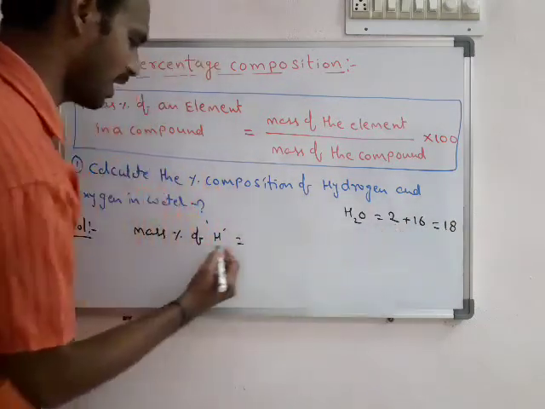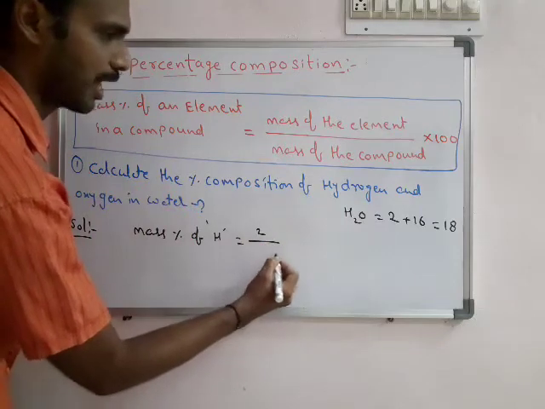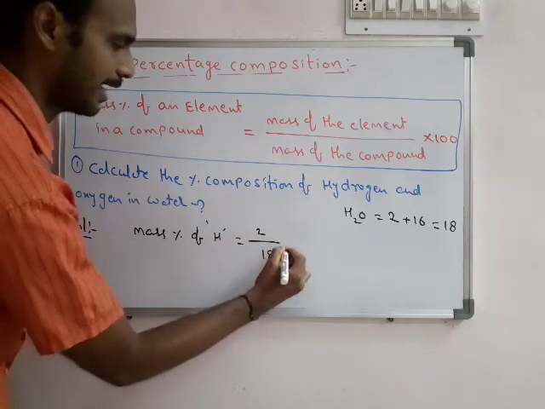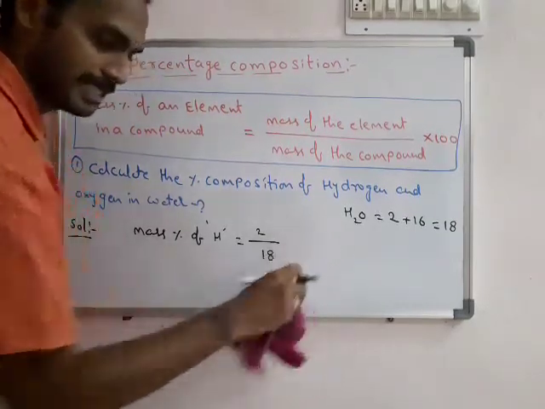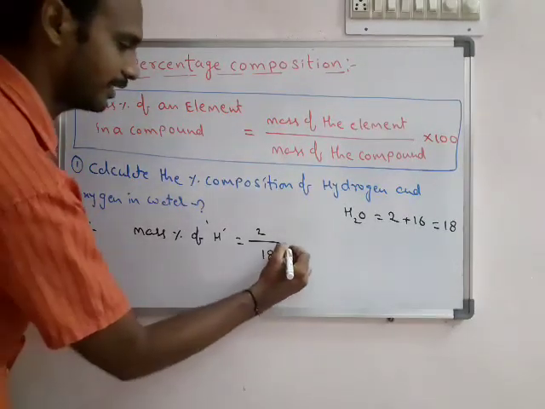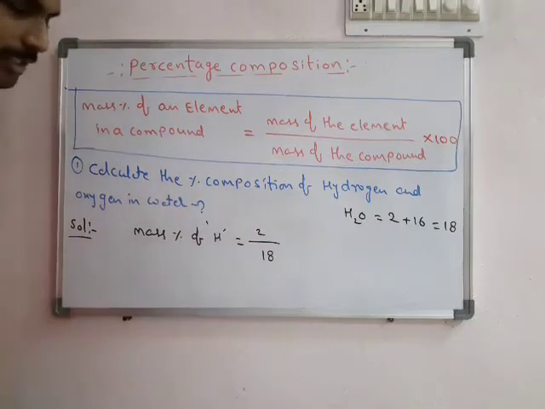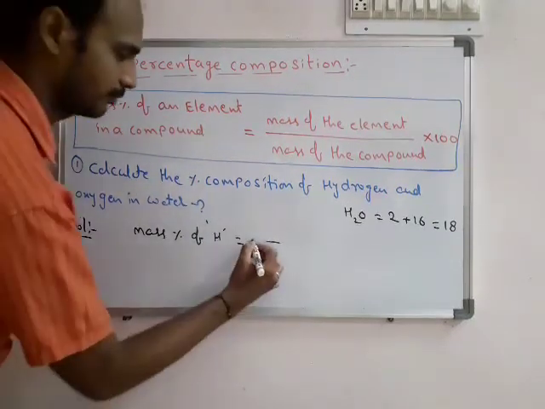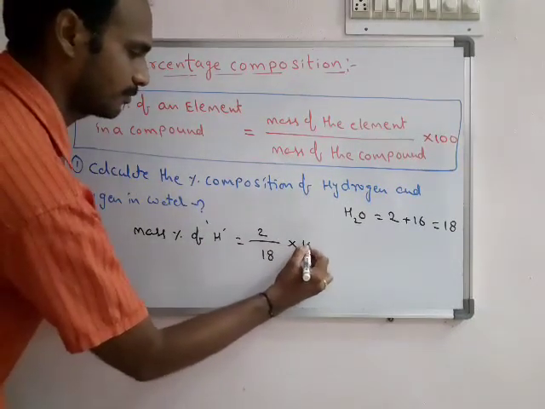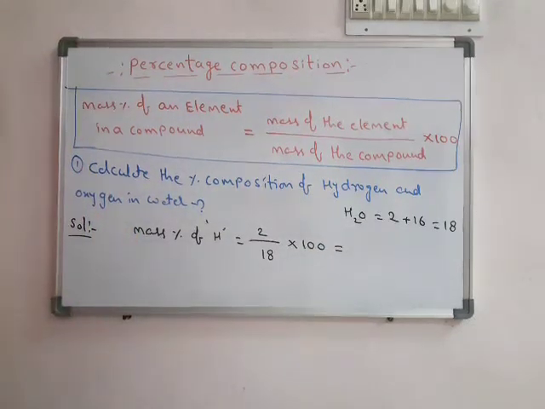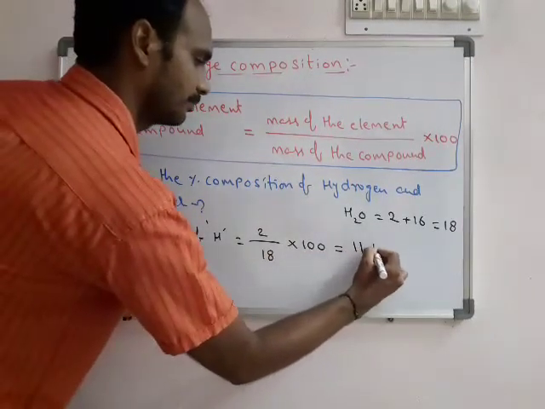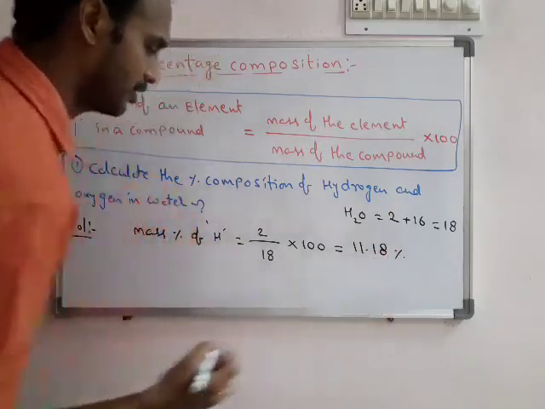So hydrogen is having 2 grams, total mass is 18, and for percentage we need to calculate for 100 grams. On this calculation we will get approximately 11.18%. You have to do the calculation yourself.